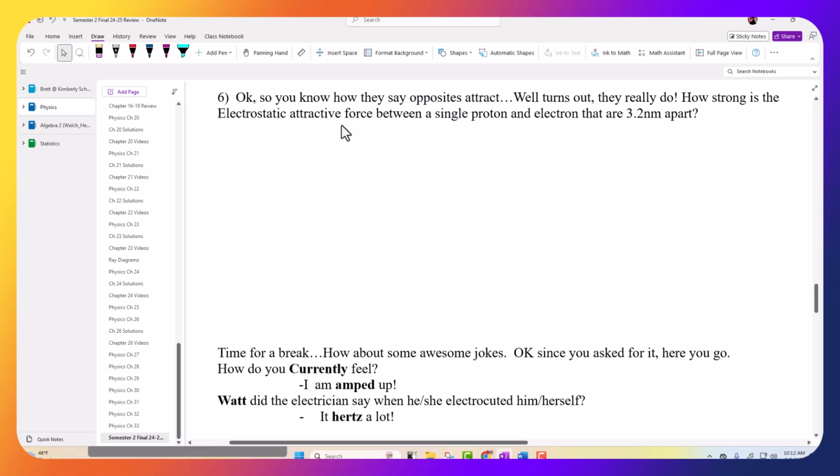How strong is the electrostatic attractive force between a single proton and electron that are 3.2 nanometers apart? So this would be a Coulomb's law problem, which is F equals K Q1 Q2 over R squared. K is a constant, 8.988 E9. You guys correct me if I'm wrong on any of this.